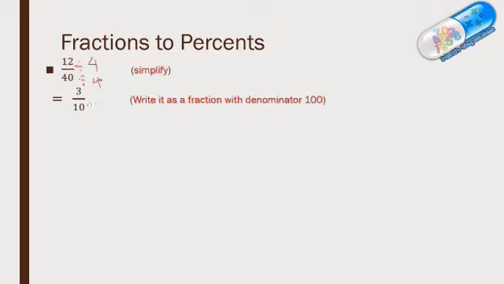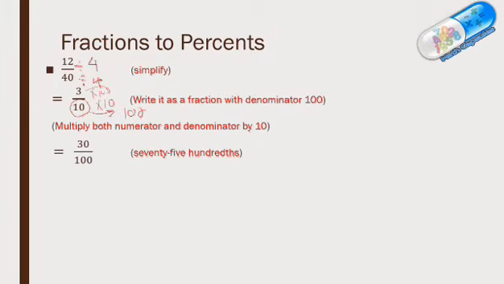Of course, to make 10 to be 100, you multiply by 10 up and you multiply by 10 down. So you multiply both numerator and denominator by 10. So you get 30 over 100. Sorry, this was written wrong. So it is 30 hundredths. And this means that instead of over 100, we write the percentage sign: 30%.